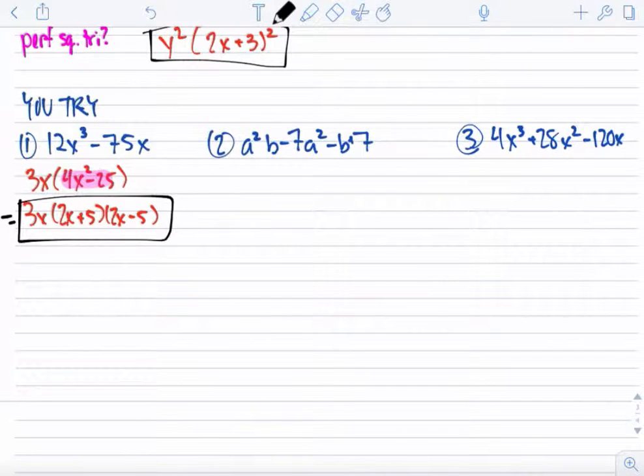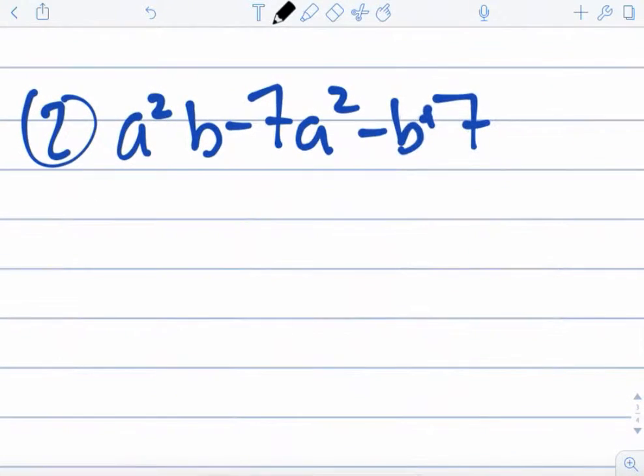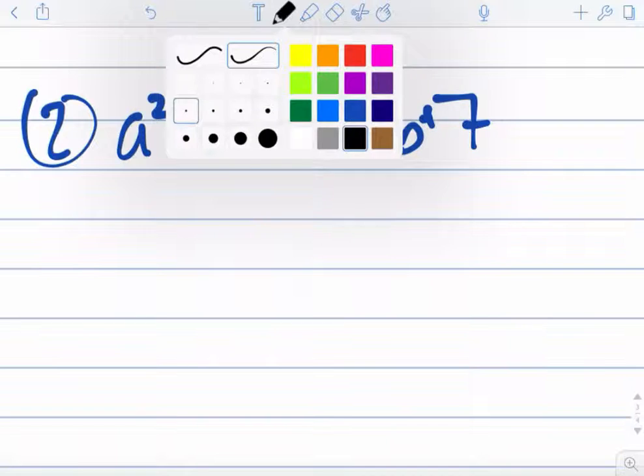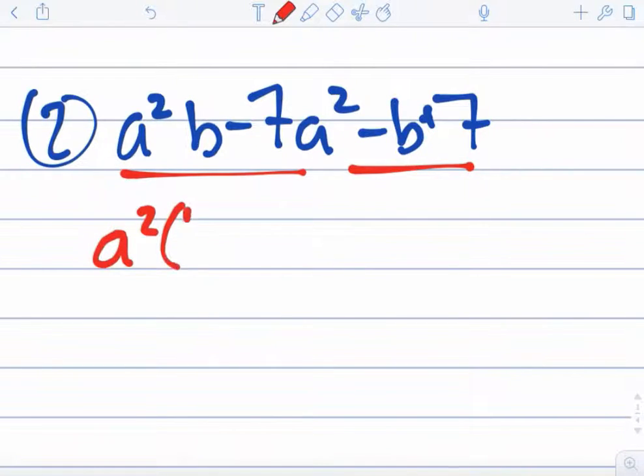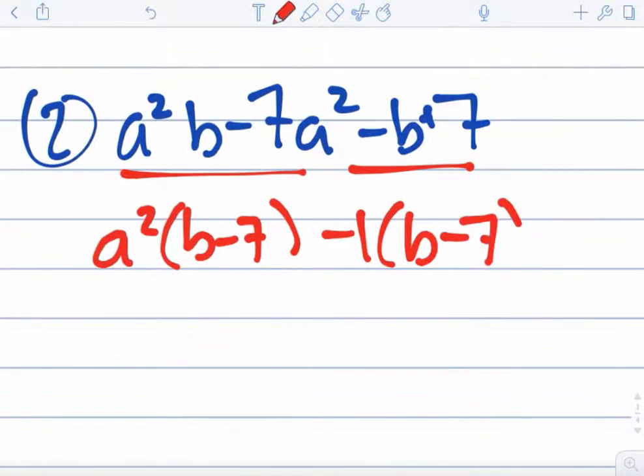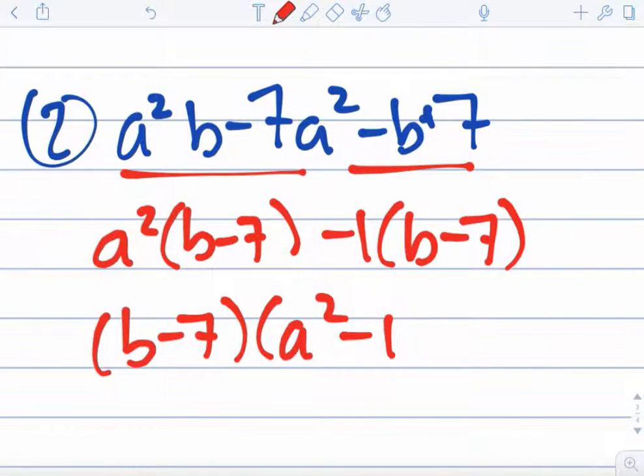All right, doing number 2. It's 4 terms with no GCF, so we're going to factor by grouping. I've got an a squared that comes out of that, negative 1 that comes out of that, and then I've got a b minus 7 that comes out. And now I have a difference of squares again.